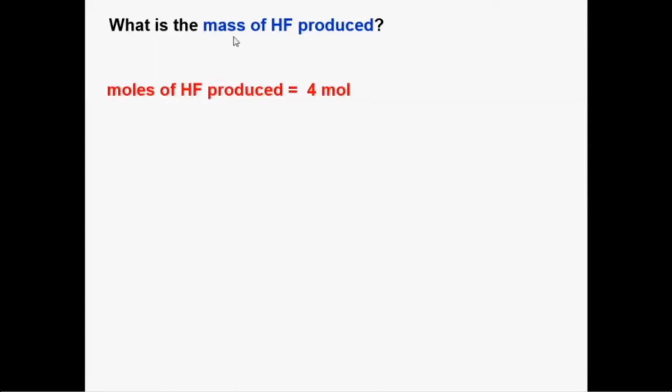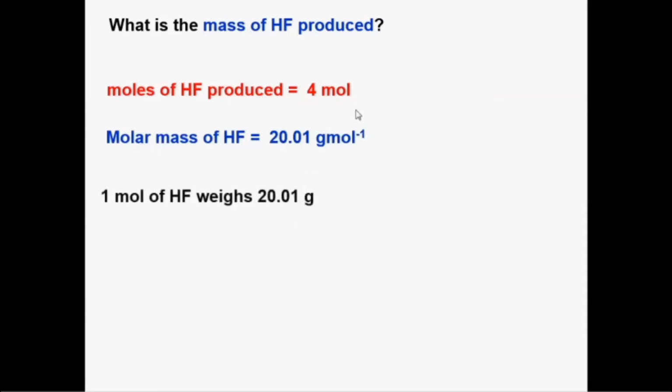To calculate the mass, we use the molar mass of hydrogen fluoride, which is 20.01 grams per mole. From this molar mass, we know that 1 mole of hydrogen fluoride weighs 20.01 grams.